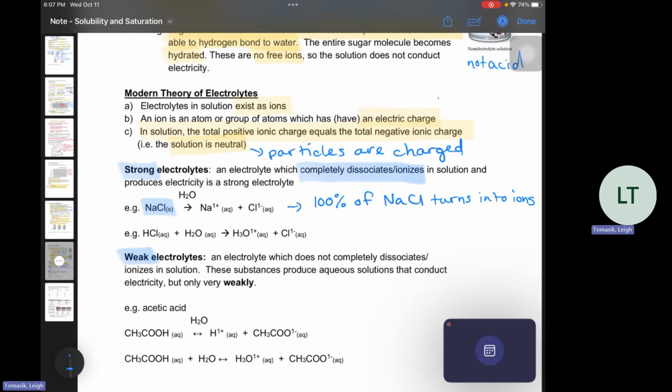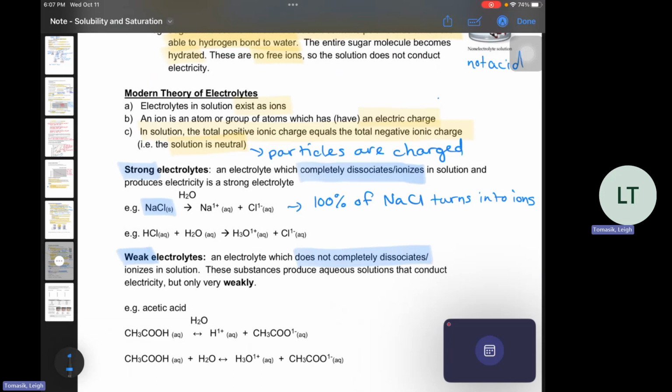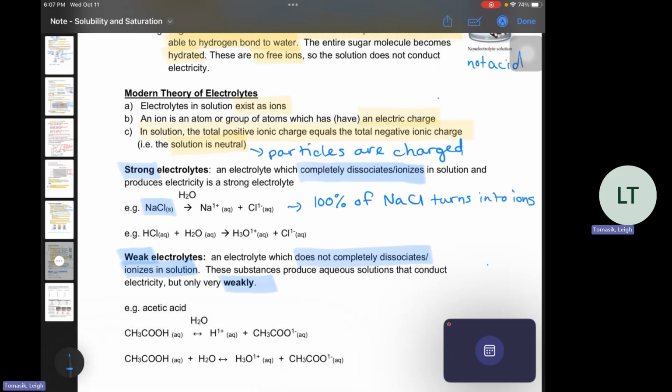Weak electrolytes are electrolytes which do not completely dissociate or ionize in solution. These substances produce aqueous solutions that conduct electricity, but only very weakly. So if you put a light bulb in a circuit and you run it through a strong electrolyte solution, you will get, this is a bad version of an old-timey light bulb, right?